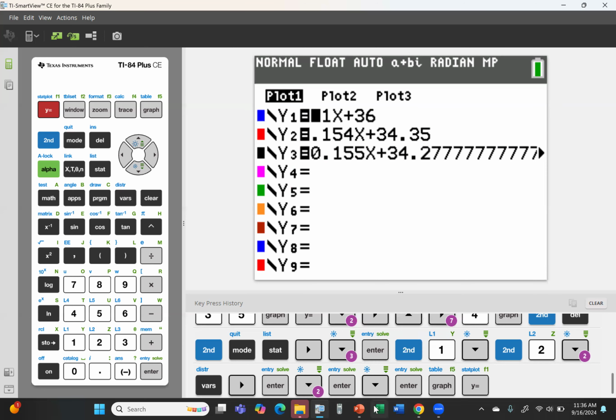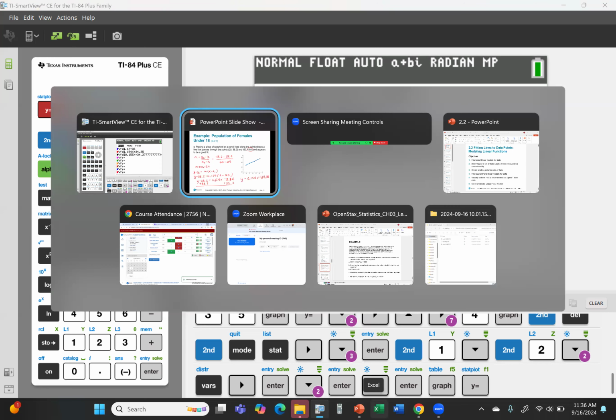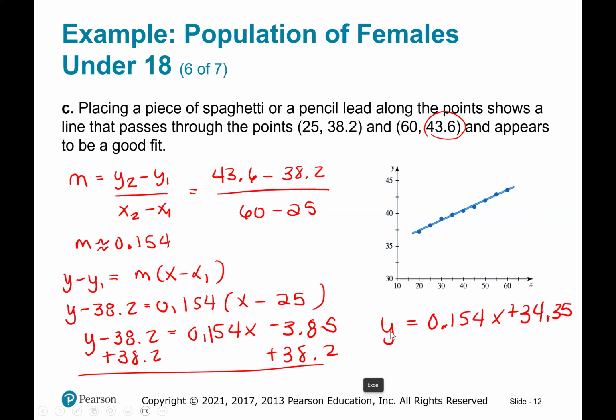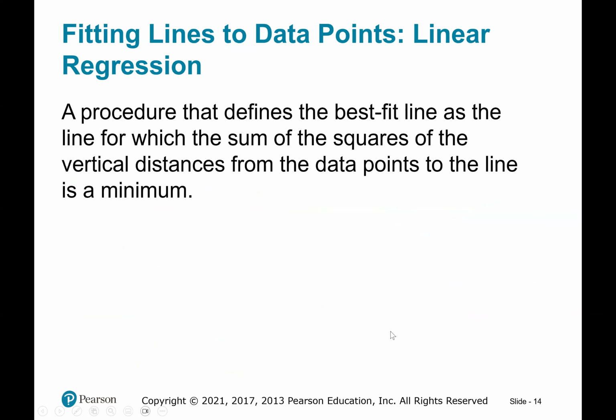Okay, let me go back to my slides. A procedure that defines the best fit line as the line for which the sum of the squares of the vertical distances from the data points to the line is a minimum. So what your calculator does, I was gonna say, back in my day when we did this by hand, which we did, can you imagine?